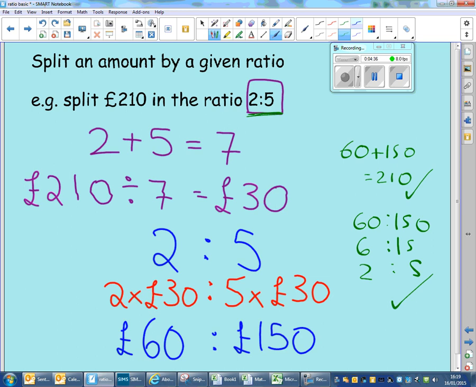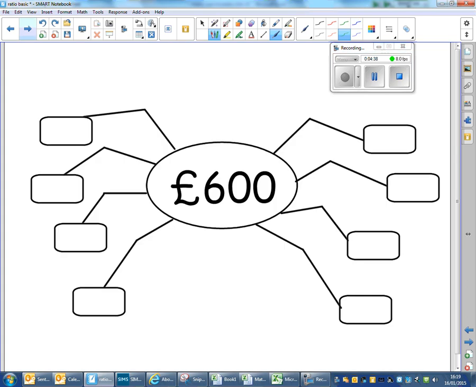Cool. Excellent. Last one we'll look at on the other side is when we've got one like this ratio spider, and it will have stuff written up here like 1 to 3, and then 1 to 1, and 1 to 2, like this. And your job is to work out what needs to go in this box. And what this means is split this £600 every time by the given ratio.